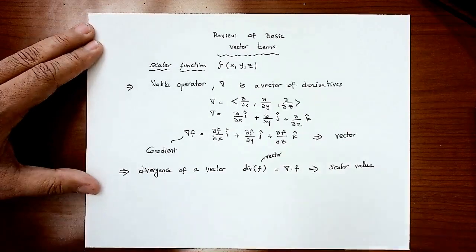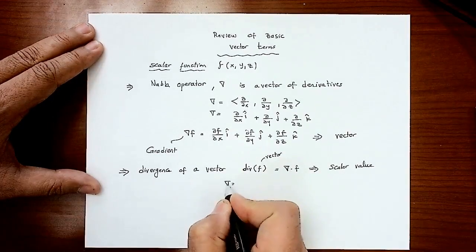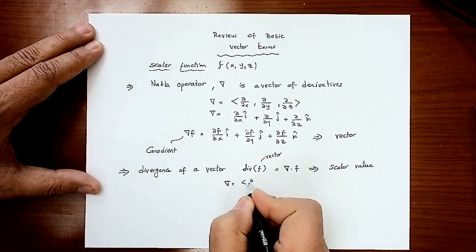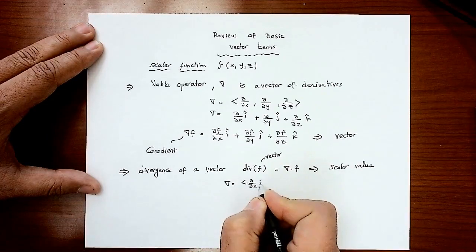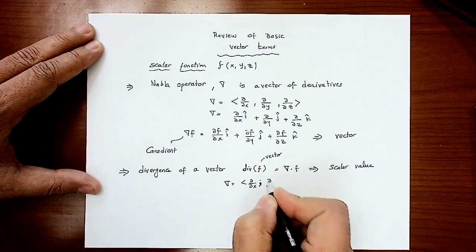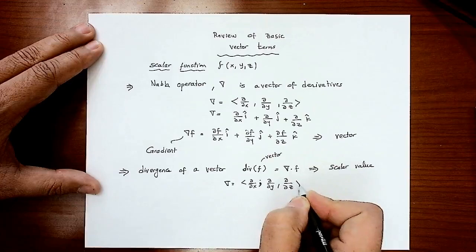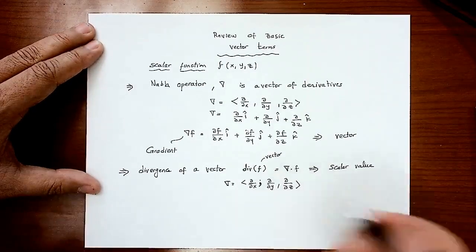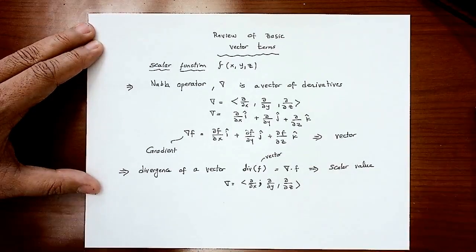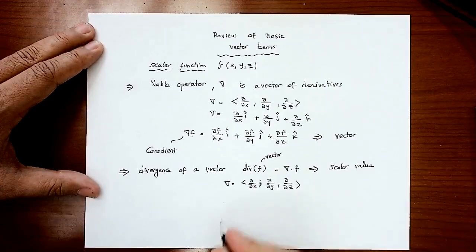Okay, so let's assume that nabla, by definition, is partial by partial x in the i direction, and so on. I'm going to write it in that format: partial by partial x, partial by partial y, partial by partial z. Let's apply that to f, whatever that f of x, y, and z is.